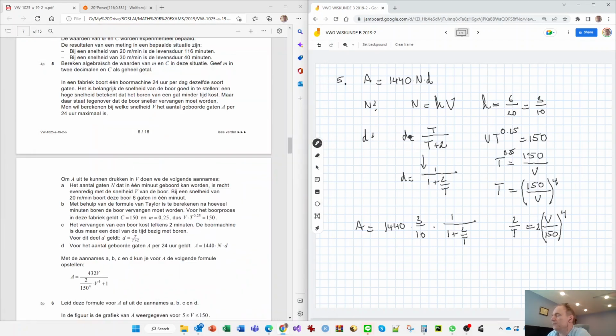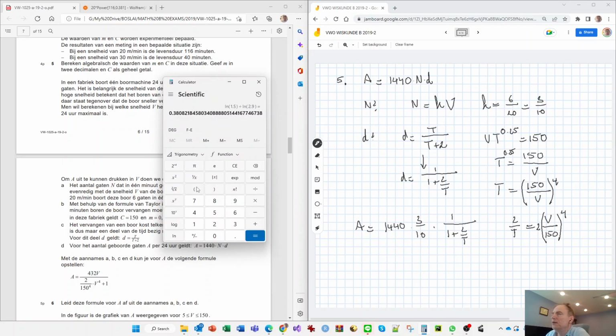Okay, and just check that. 1440 times 3 divided by 10. Yep. Oh, wait a minute. Oops, I substituted an expression for T, so I forgot my phi here.